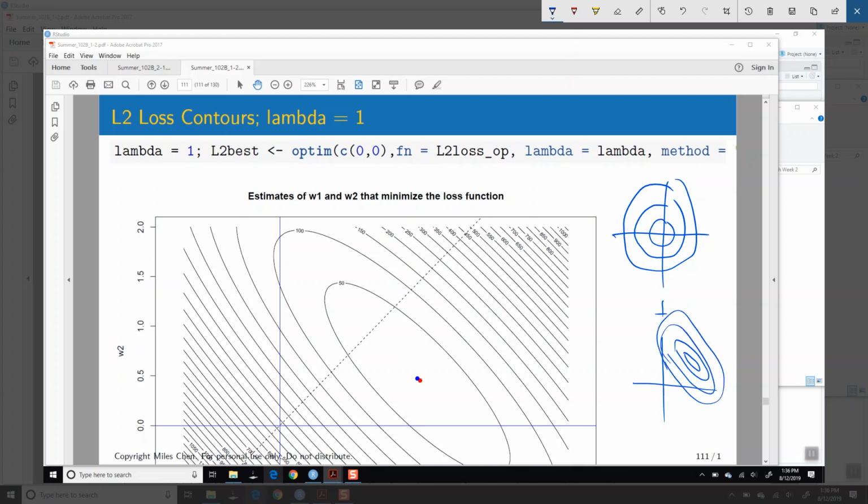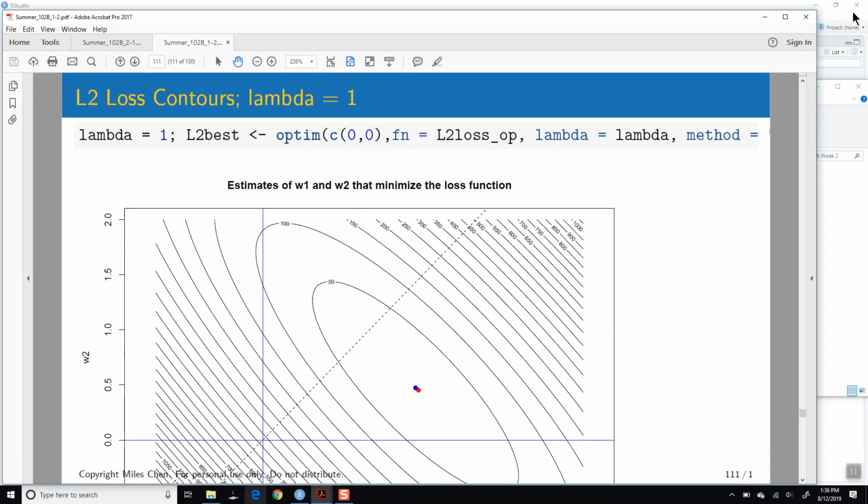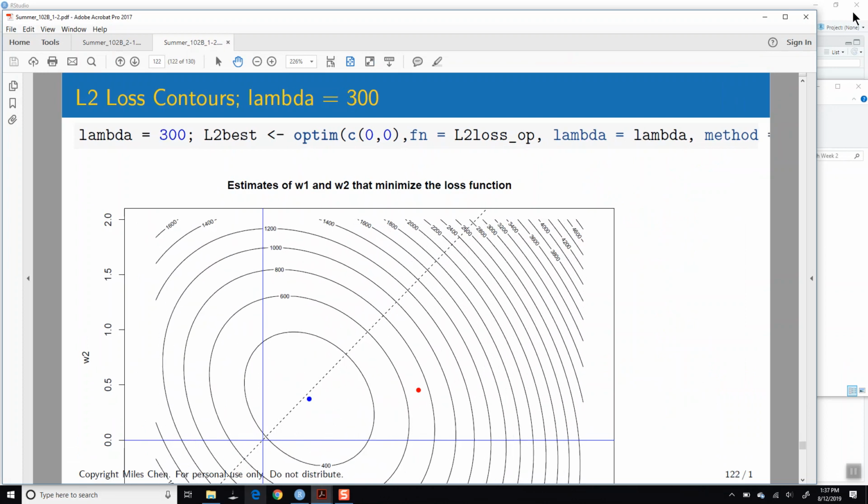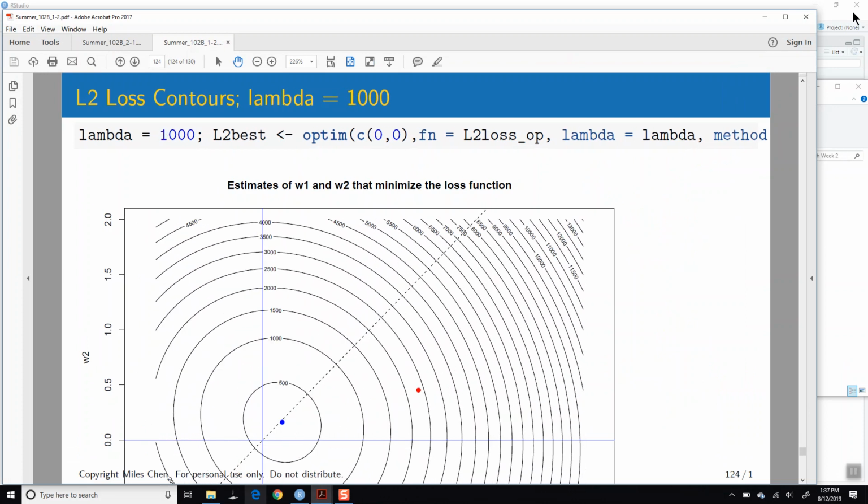This is the OLS part, and this is the W2 norm squared part. We're adding these together, and that's why we start off with the ellipsoids and get something that starts to look more like circles.